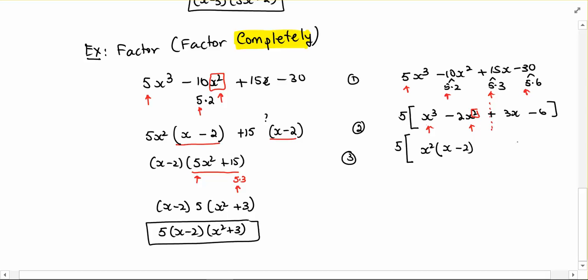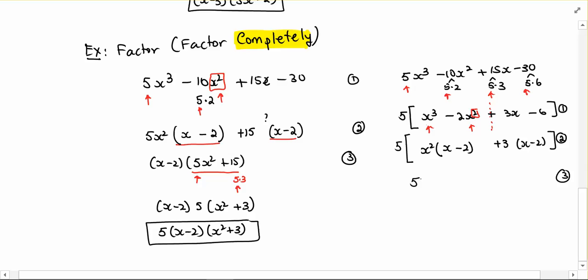And I know that this has got to be an x minus 2 as well. So this is like step 1 of my factor by grouping, and then this will be step 2 of my factor by grouping after I've done the GCF over here on the side. And so that's a negative 2, that's a negative 6, so this has to be a positive 3. Check, 3 times x is also 3x, so that checks out. And then this is step 3 of my GCF.